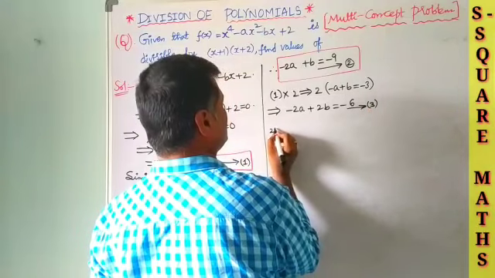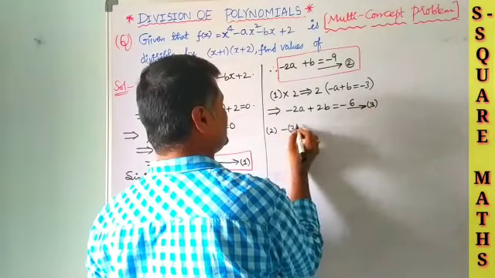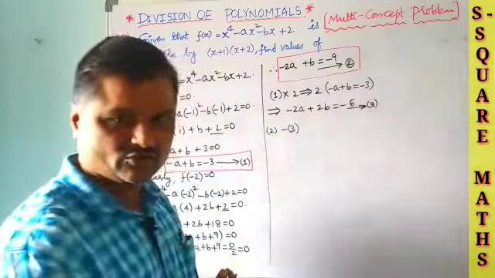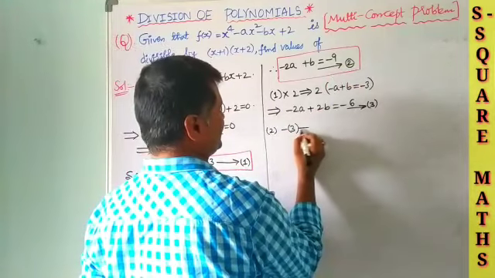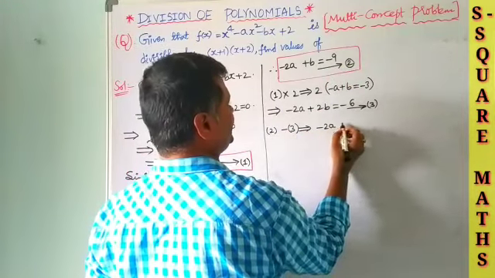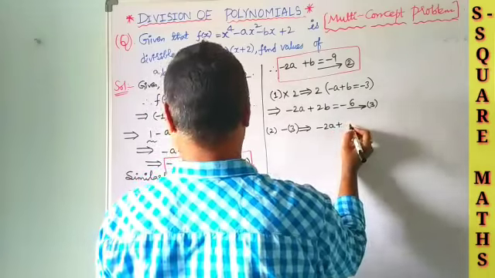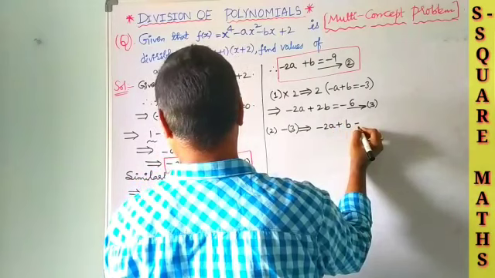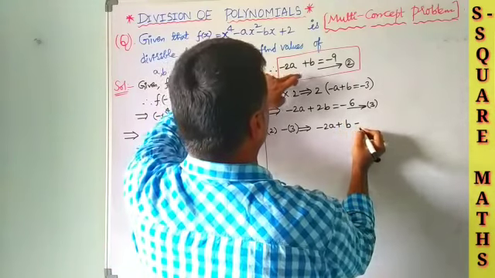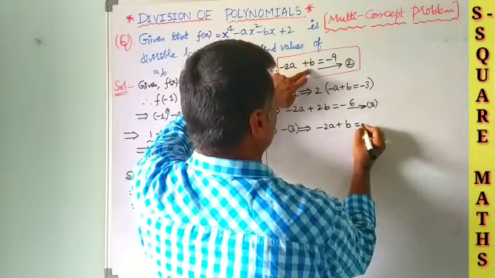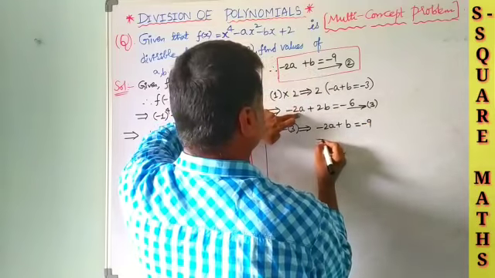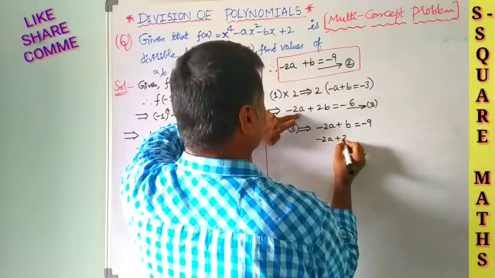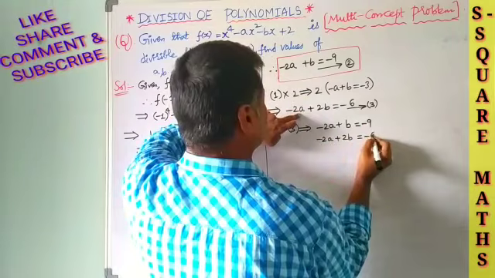Now equation 2 minus equation 3 we are going to do. Implies I can write minus 2a plus b is equal to minus 9, and here minus 2a plus 2b is equal to minus 6.